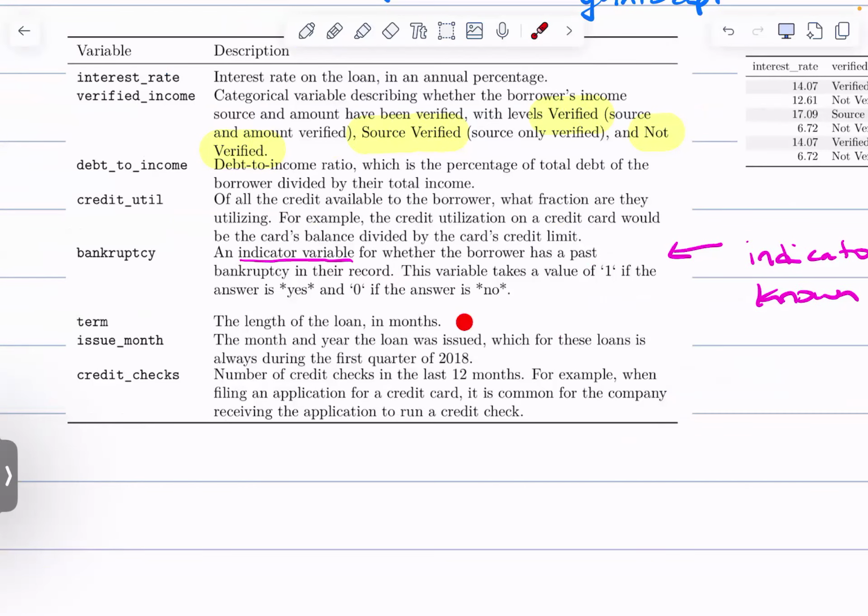So usually if you apply for a credit card and things like that, they do a credit check, and if you have a lot of credit checks, they start to get suspicious and they say, okay, why are you applying for so much credit? And so that's why you want to be careful about that. But that's another one of these variables that we have: how many credit checks have they had done?